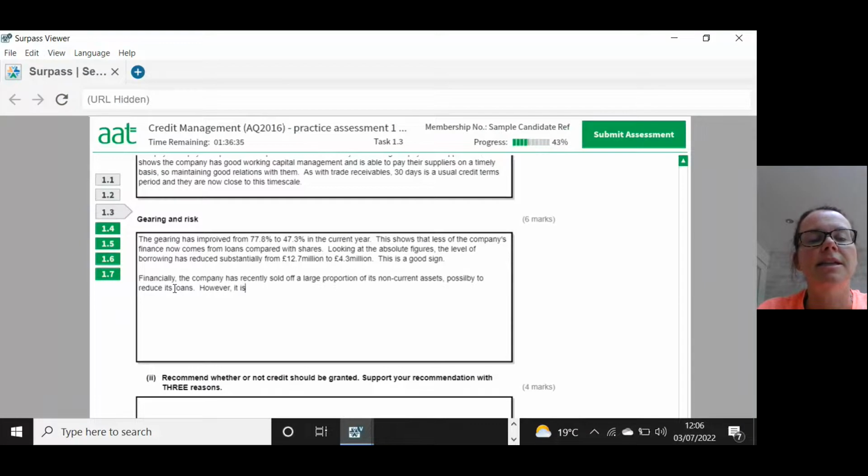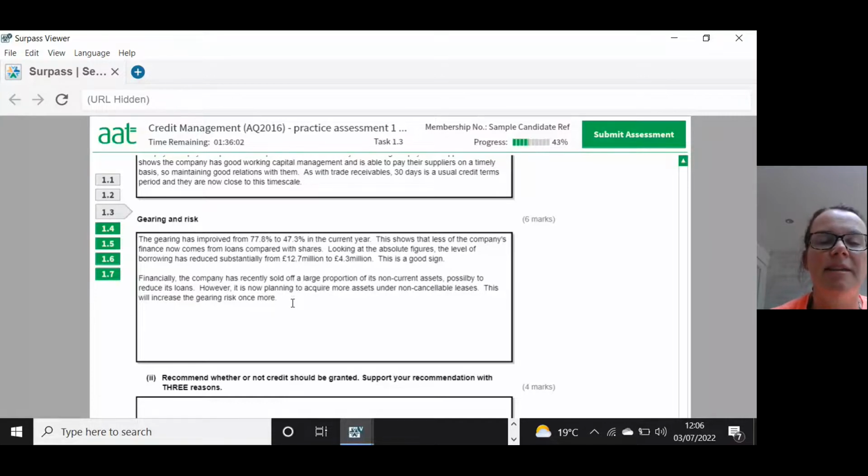However, it is now planning to acquire more assets under non-cancelable leases. This will increase the gearing risk once more. So we're saying it's come down in that first paragraph, which is a good sign.